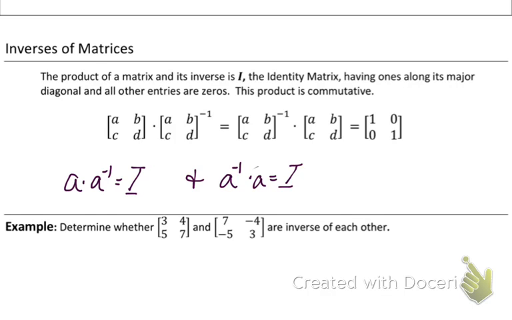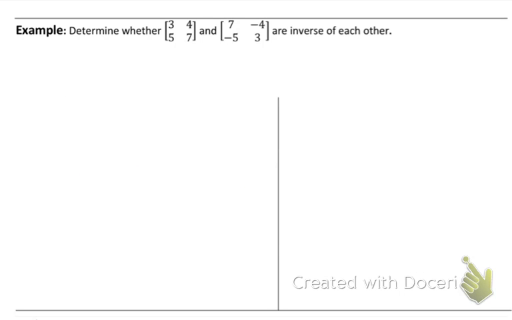Because remember, with most matrices, multiplication is not commutative. What we did yesterday, we multiplied A times B, and then we multiplied B times A, and it came out to a completely different matrix. In this case, they both have to come out to the identity in order for them to be inverses. So when I'm going to determine whether these two things are inverses of each other, I'm going to do two tests.